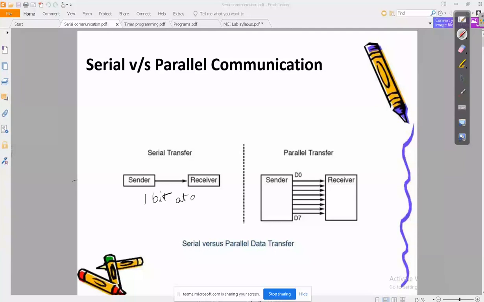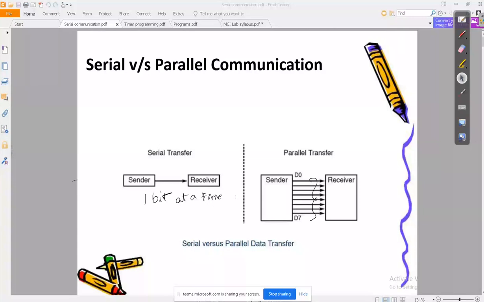But in parallel communication, we are transferring multiple bits of data at a time. That is the difference between serial communication and parallel communication. Serial communication means we have to transfer the data bit by bit. How we transfer the data bit by bit, you will understand in the program. Okay, next.